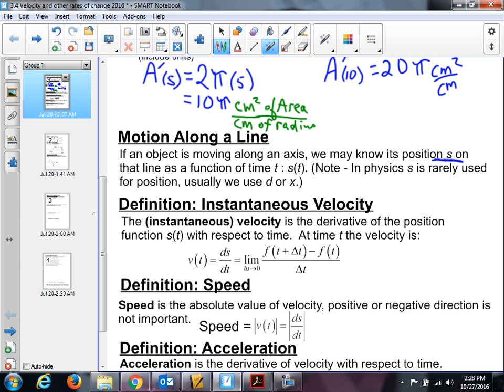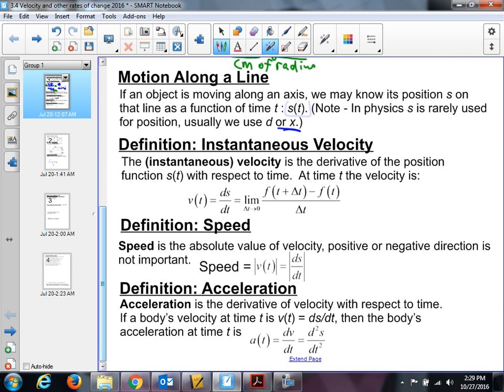I don't know why S, but whatever. S is not speed. Okay, we're going to use that as a function of time. So this is what you're going to see here. This is sort of the position function. And I mentioned we use x more often in physics if you're doing calculus-based physics, x-axis.